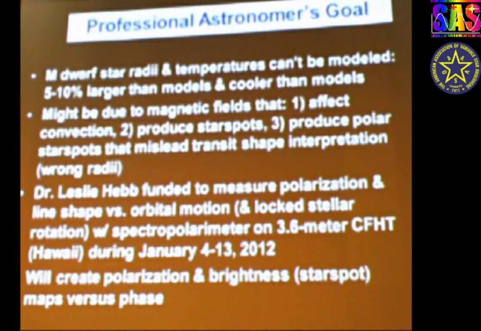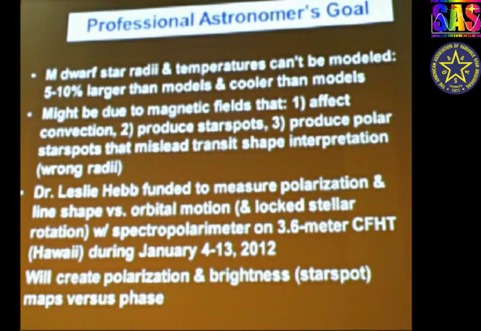What she was looking for is to try and understand why the models of this binary M-dwarf pair did not jibe with the actual measurements. And she felt that it might be due to some magnetic fields causing some star spots, both polar star spots and regular star spots.